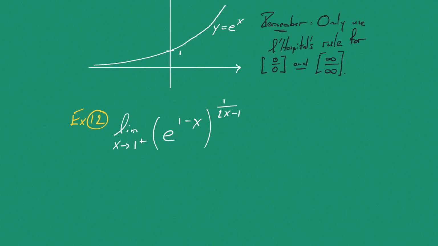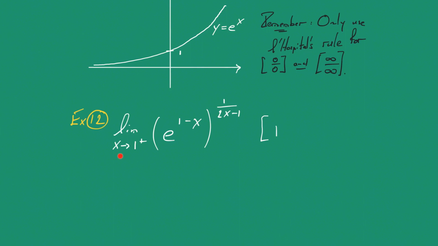Well, what happens here? As x tends to 1 from the right, this 1 minus x is tending to 1 minus 1, which is to say 0. What is e to the 0? e to the 0 is equal to 1. So this base here is tending to 1. What about the exponent that we have here, 1 over 2x minus 1?